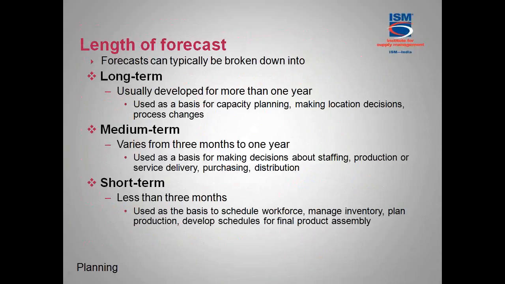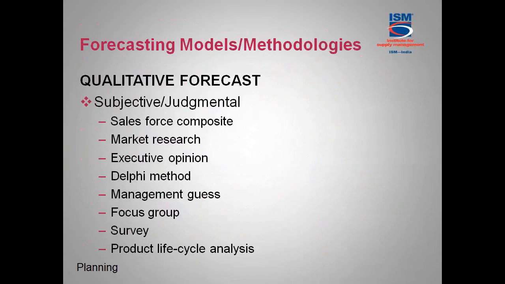Now, in forecasting models, generally we can do either a qualitative forecast or a quantitative forecast. What is a qualitative forecast? It is on the basis of judgmental or subjective methods. There is no data, or if data is there, we are not believing completely in the data. We are using our judgment and our experience for the forecast.